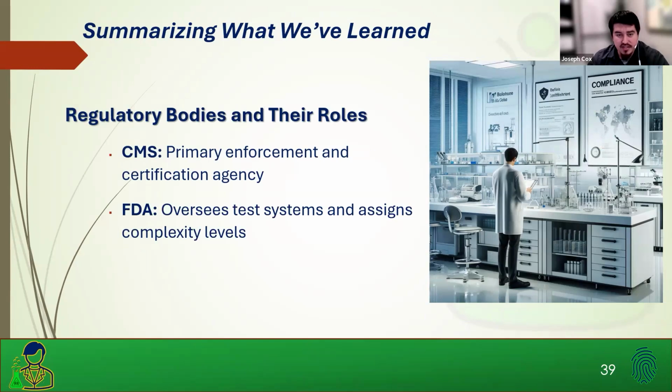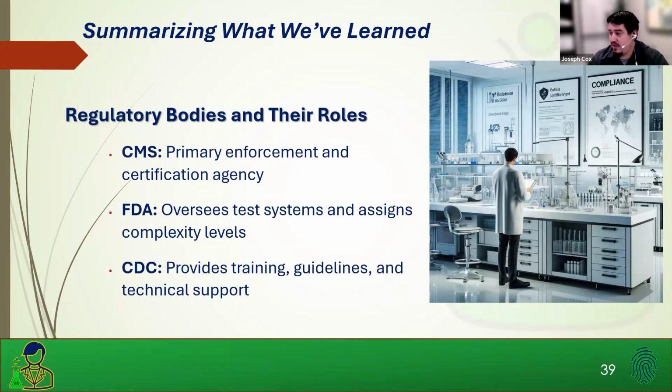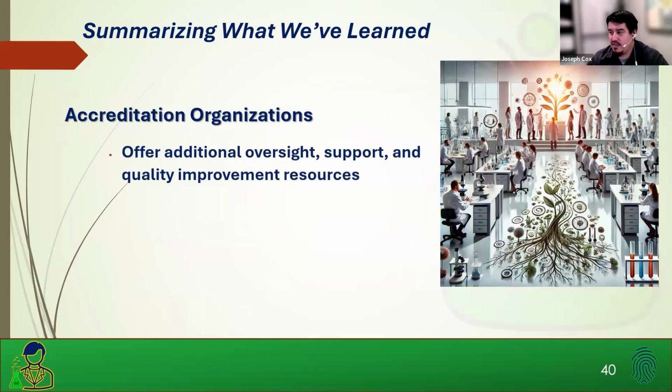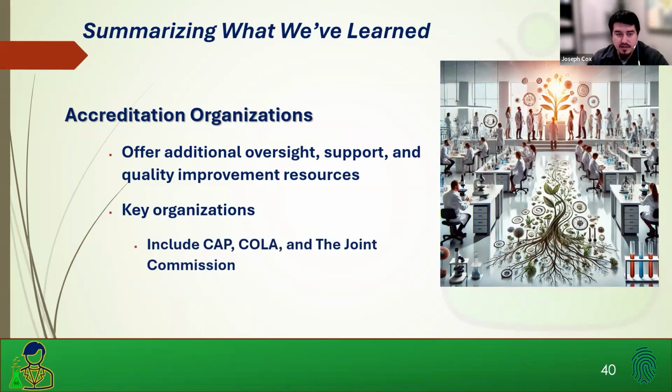FDA oversees the test system and assigns complexity. And the CDC provides training, guidelines, and technical support. The accreditation organizations offer oversight, support, and quality improvement resources, with key organizations including CAP, COLA, and the Joint Commission.